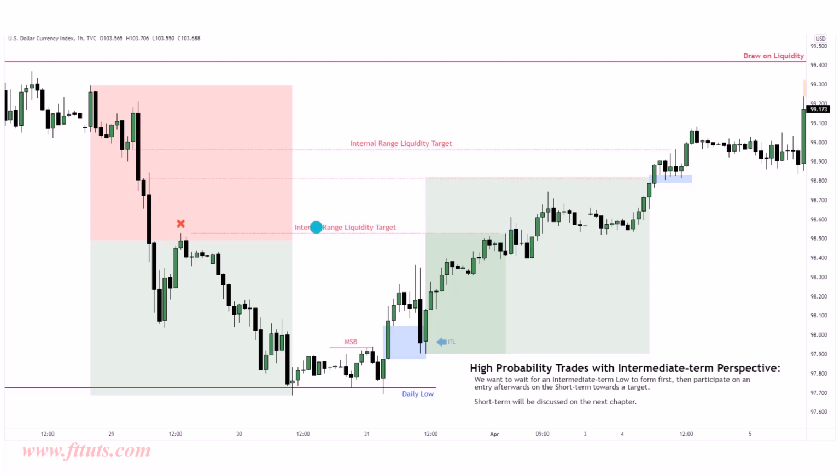And if this target doesn't show any signs of reversal because institutional sponsorship is still bullish, we can continue to target the next internal range liquidity target here. And you can see how institutional sponsorship still remains bullish. Okay, but high probability trades is waiting for a low to form and then on the short term looking for entries all the way to these targets here.